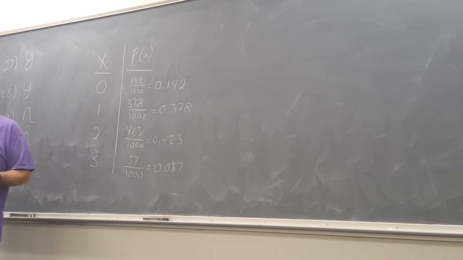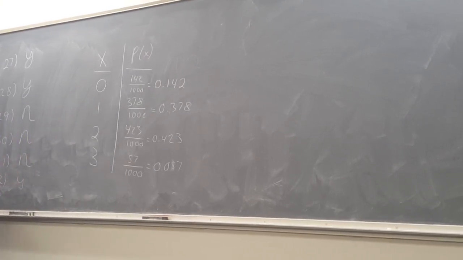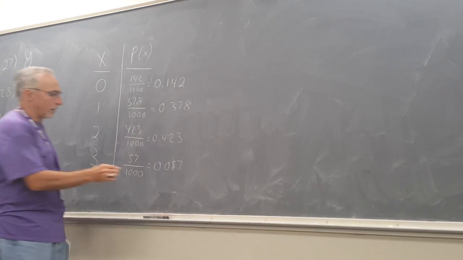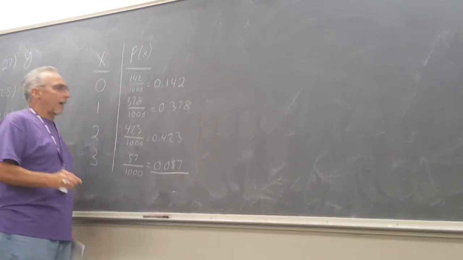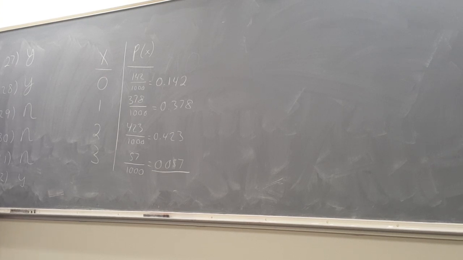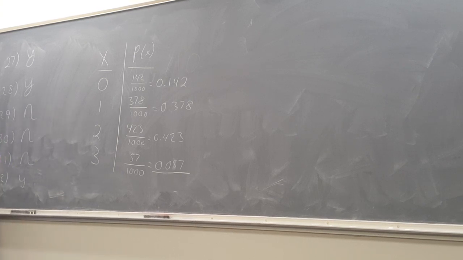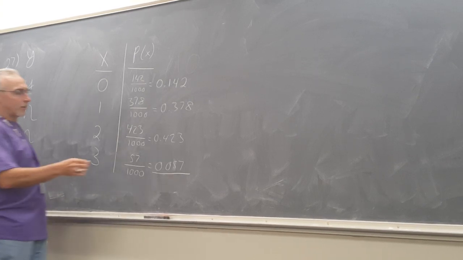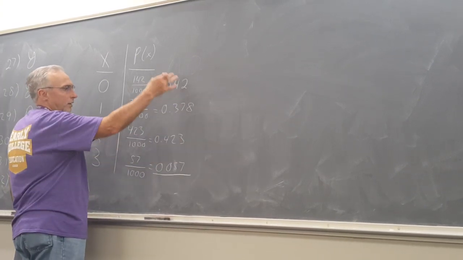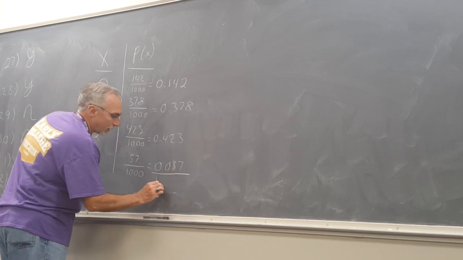Now, they don't ask you to, but sometimes it's good if you actually sum these up, to make sure you don't make a mistake, right? If I add all these together, what should the total be? 1. So if somebody would check my math here, it looks like it'll come up perfect, because that's 1. So I'm gonna guess it's right.